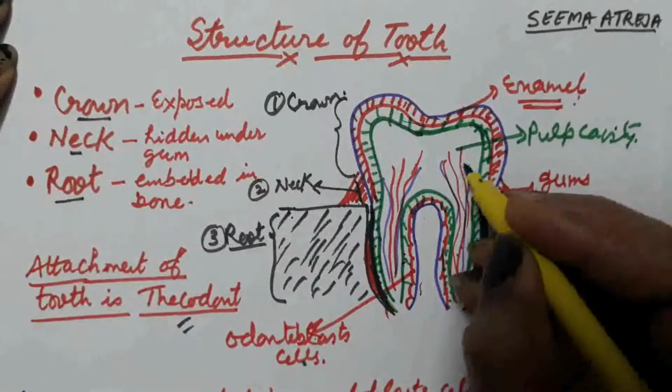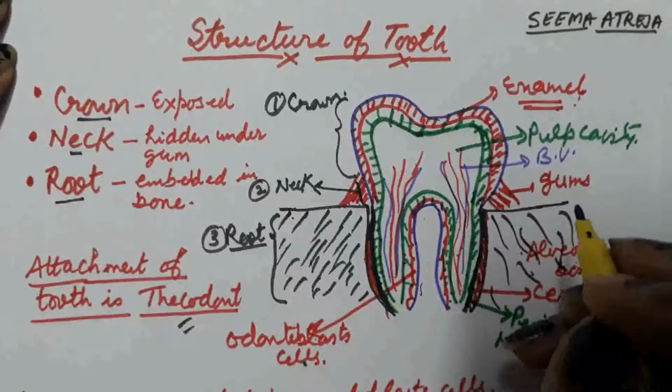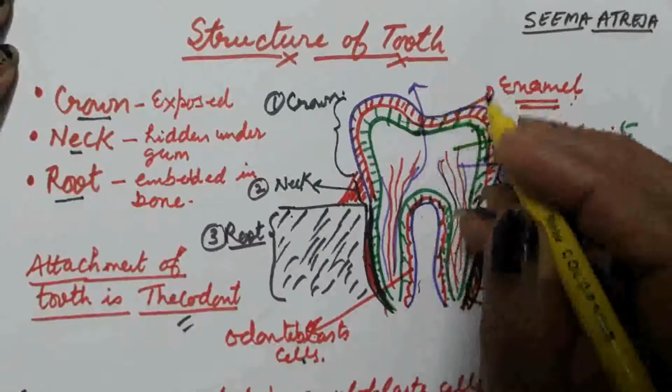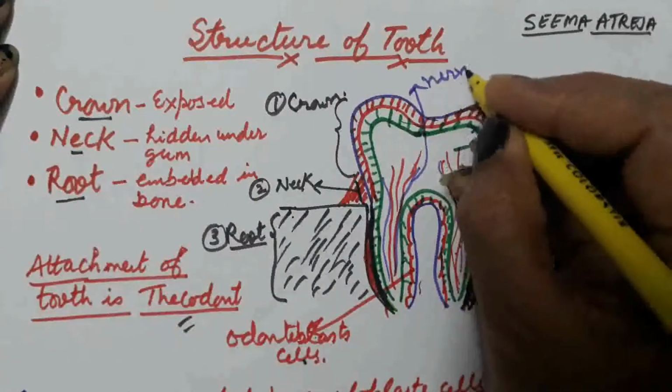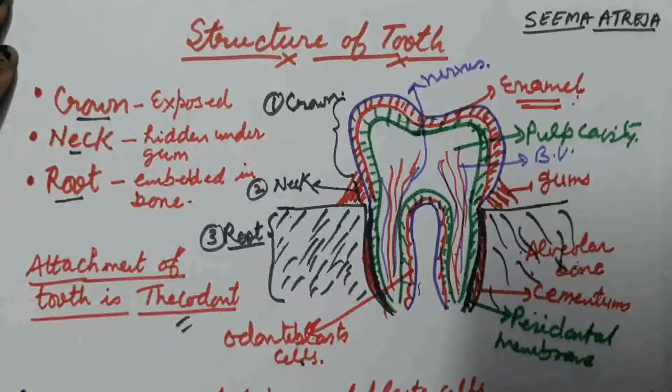So red color is used for blood vessels and blue color is used for nerves. Blood vessels and nerves are present inside this pulp cavity, so we call the pulp cavity living.